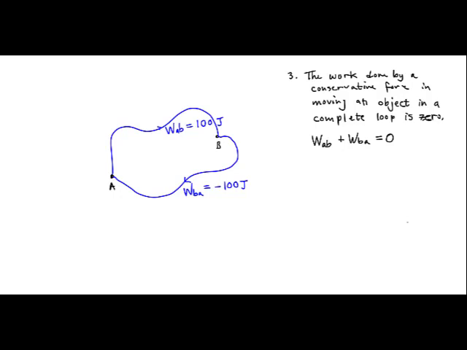So we can ask the question now, does the work done by Coulomb force have this property? Does it have the property that when that charge 2 moves in a complete loop, the total work done is 0?